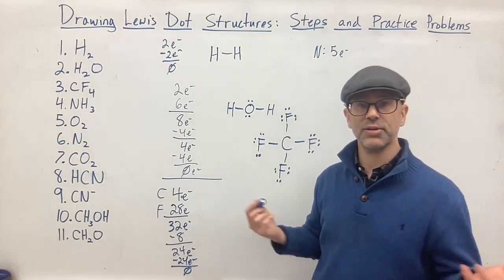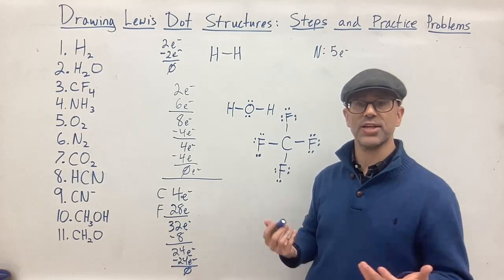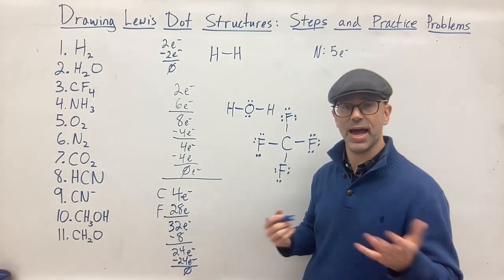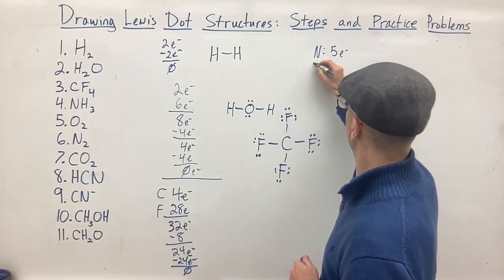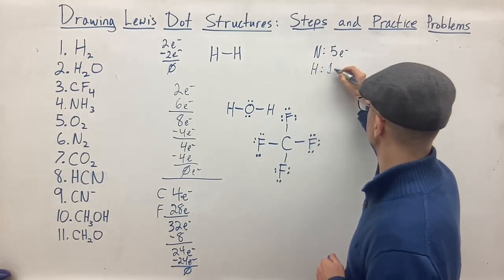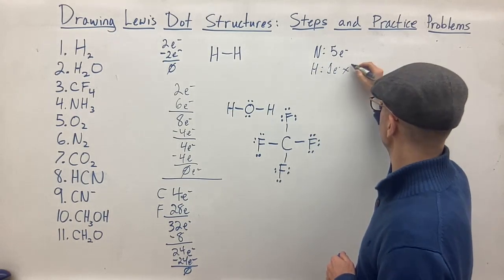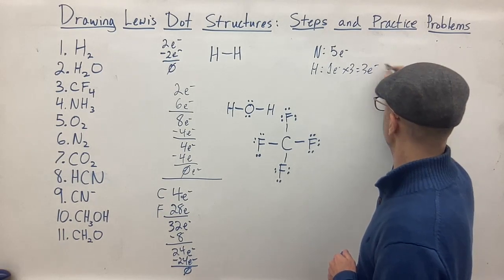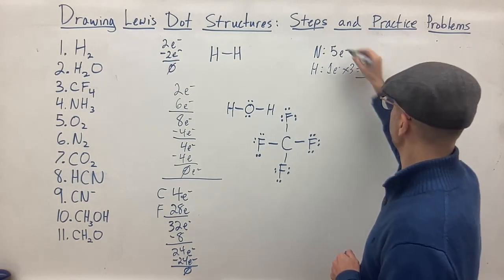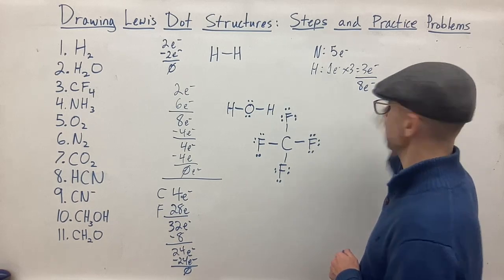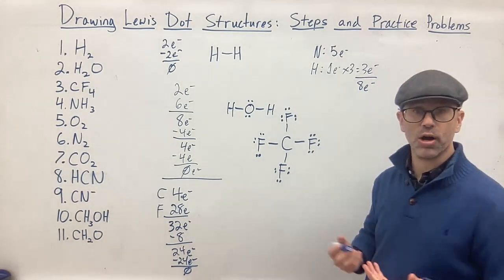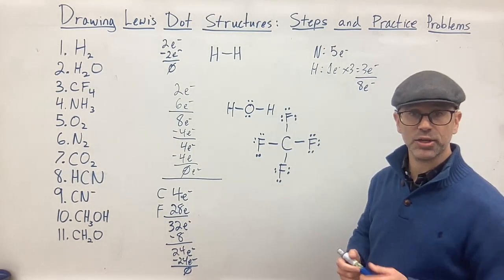And hydrogen, as we said, is in group 1, so each hydrogen has 1 valence electron. We have 3 of them, so that means we have a total of 3. So we add 5 and 3, and we get 8 valence electrons for our NH3 molecule.